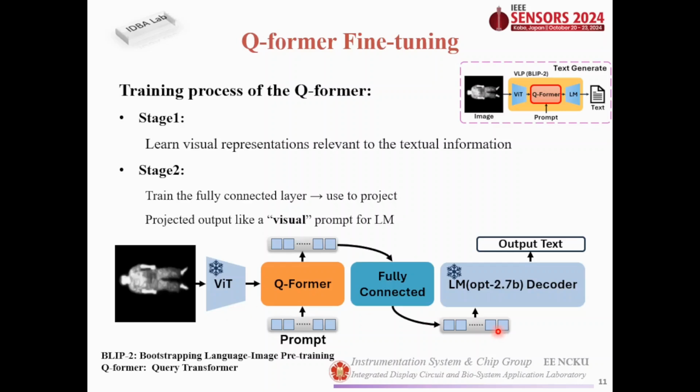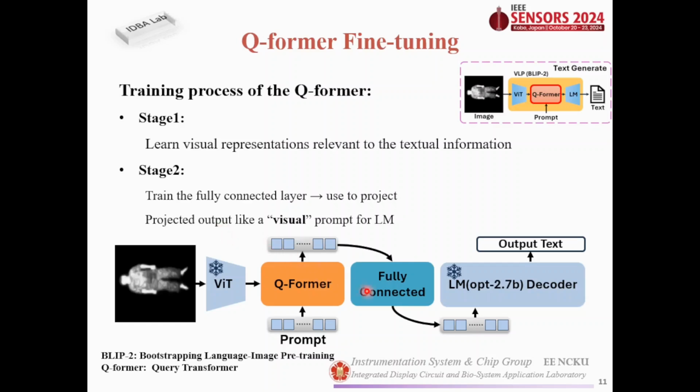The training process consists of two stages. Stage 1, image and text pairs are input into the VLP2 model. The Q-former is fine-tuned on these pairs to learn the relevant visual representations, which are linked to the textual information.